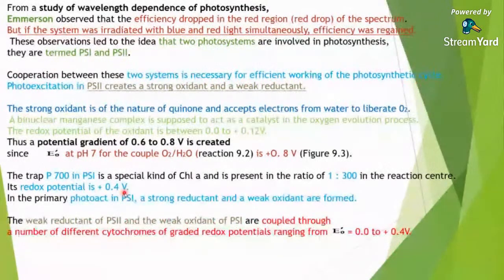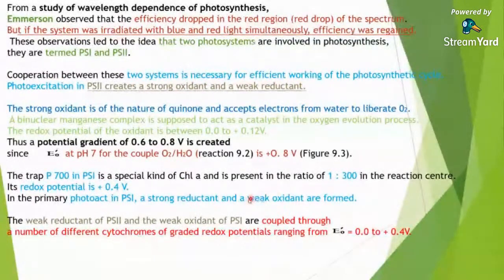In the primary photoact in PS1, just the opposite happens. In the PS2 center there was a strong oxidant and weak reductant, and in this case there will be a strong reductant and weak oxidant.